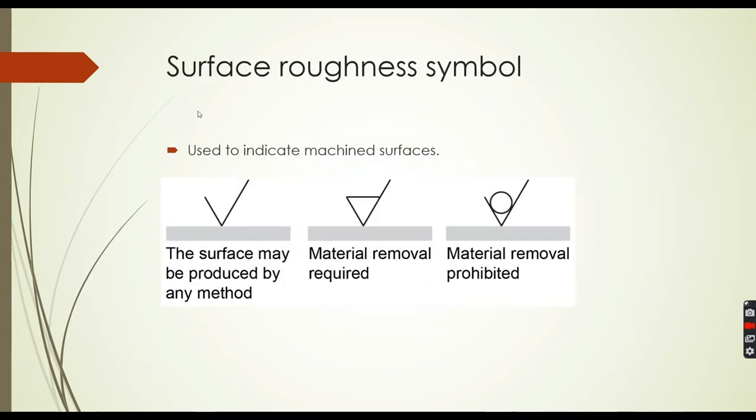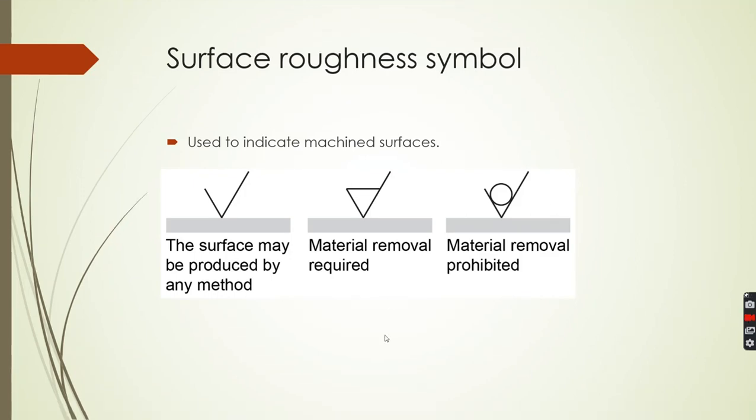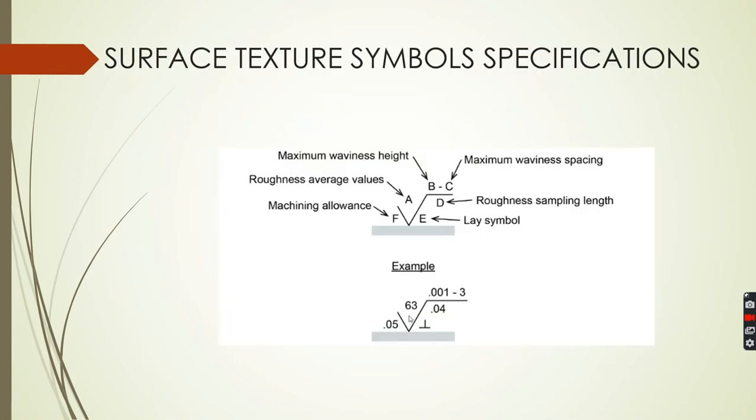Okay, we can automatically use Inventor to produce surfaces. We have different symbols for our surfaces. This is, the surface may be produced by any method. This requires material to be removed, and this says you cannot remove any material.